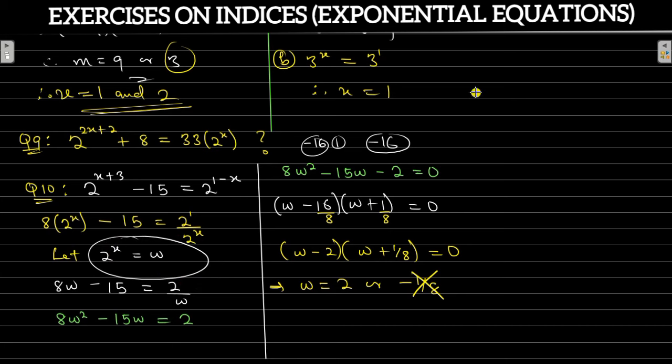So that means our w is only equal to 2. If we equate it to this, we'll have that 2 raised to the power of x is equal to 2, which is the same thing as 2 to the power of 1, and so our x is only equal to 1.